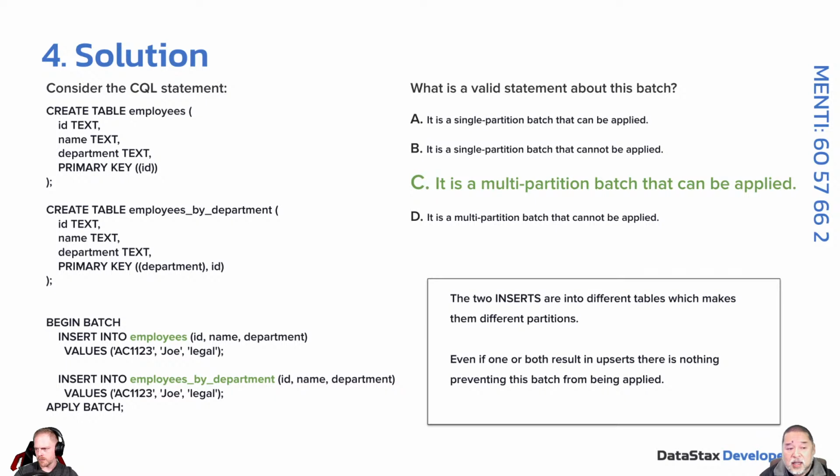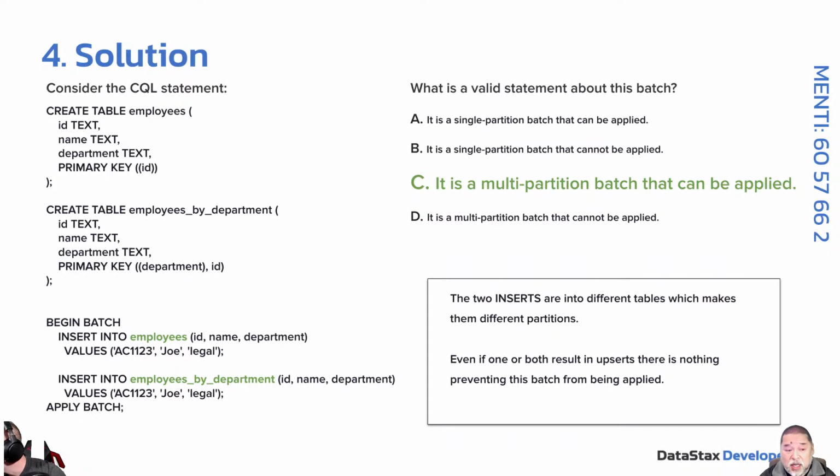In the employees table, the primary key is simply the ID field, a single column primary key. In the employees by department table, department is the first part of the primary key, that is the partition key. So those records are going to be grouped by department, and then within a department, the clustering column on which they're sorted is ID. This is very common in Cassandra, that two different queries, find employee by ID and find employee by department, are going to require two different tables.